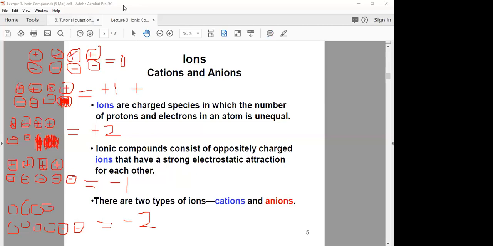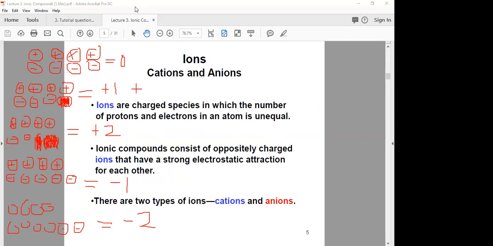Quick question. Does a positive or negative charge change the atom other than the behavior it exhibits, i.e. it wants to become neutral? No, that's a good question.